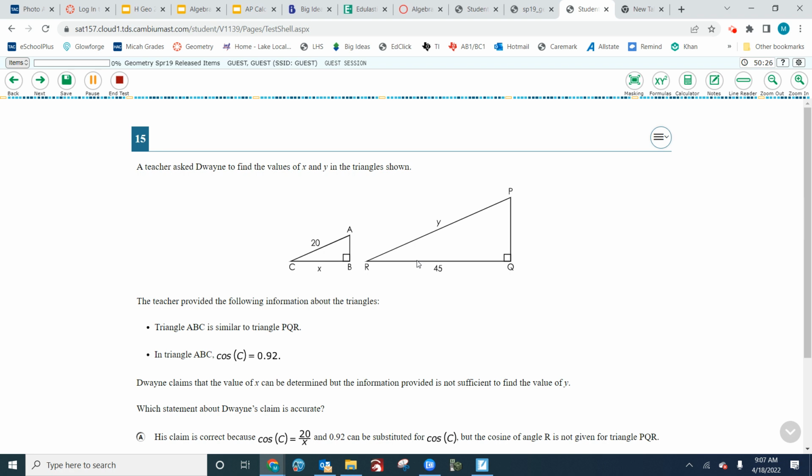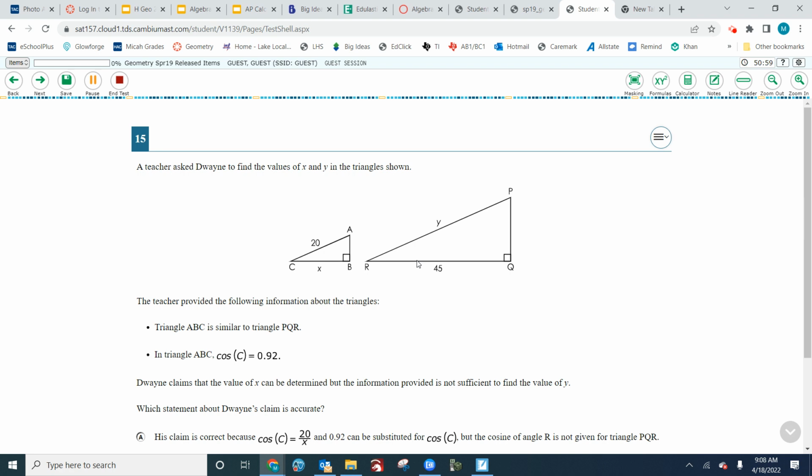Cross sections. If they say, what's the cross section sliced vertically or perpendicular to the base or parallel to the base, be able to visualize what those look like. If I slice a cylinder parallel to the base, I get a circle. Very good. If I slice it perpendicular to the base, I get a rectangle.